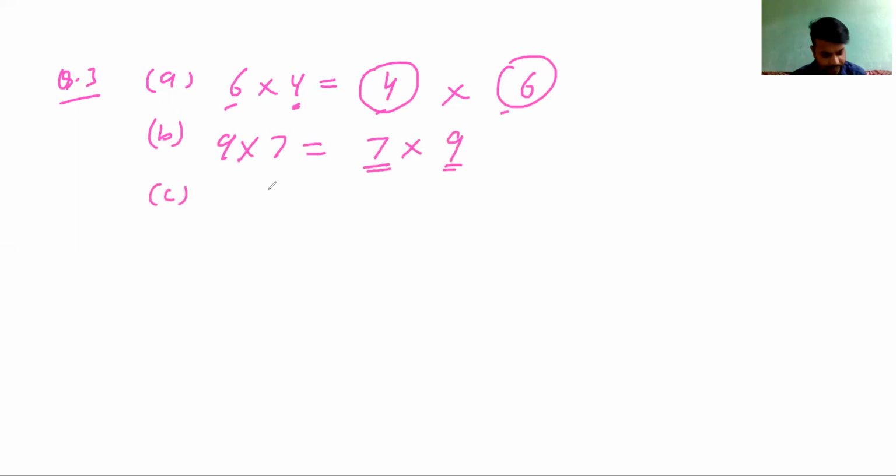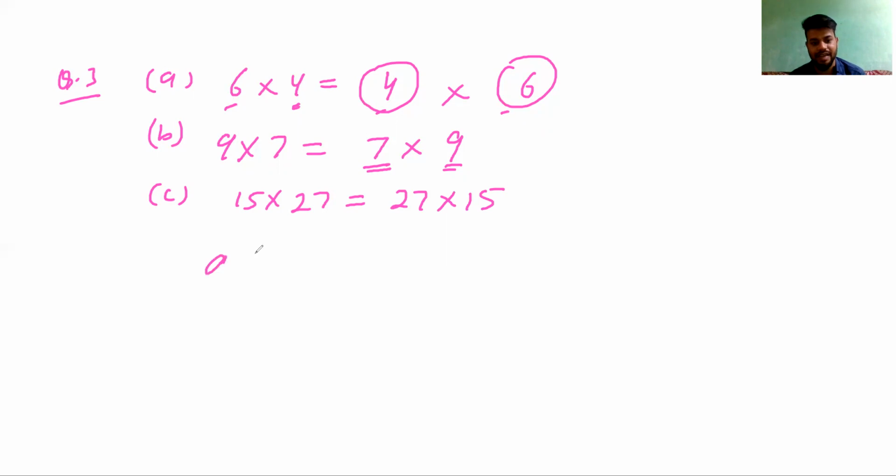C, 15 into 27. So you are going to write it 27 into 15. Actually, children, you have to write the second number first and the first number at the second place.